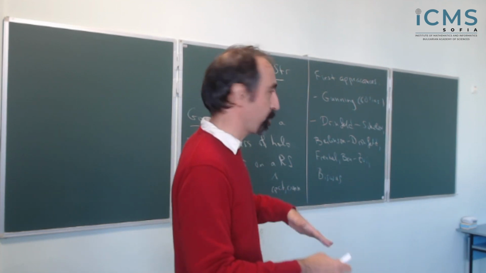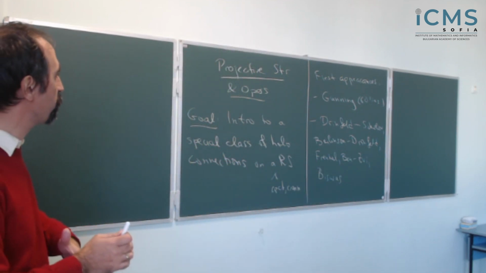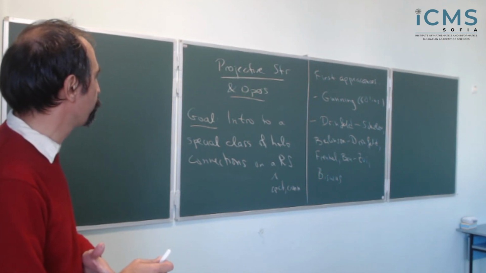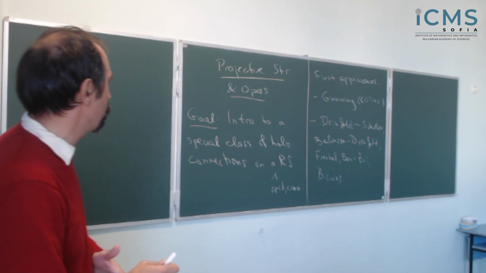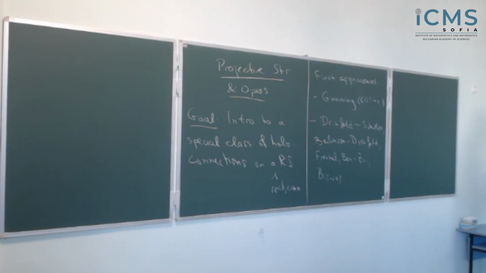So the idea is to start with as little machinery as possible. Essentially what Gunning uses is this idea of Cartan of describing structures in terms of pseudogroups.